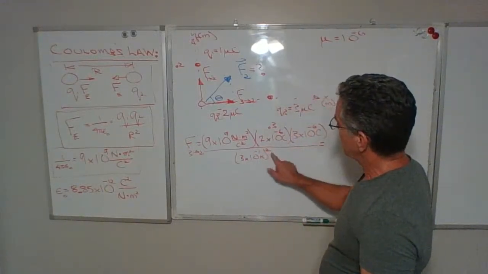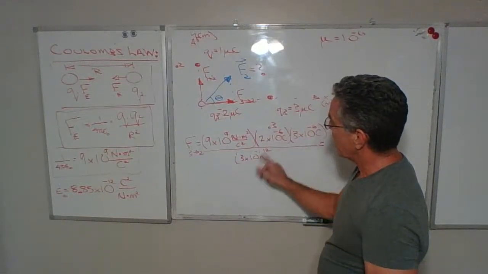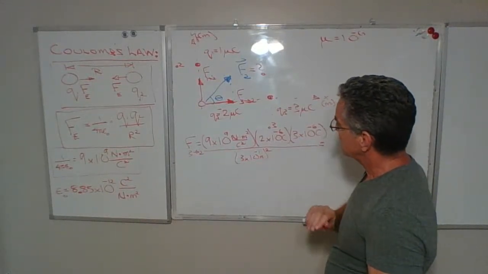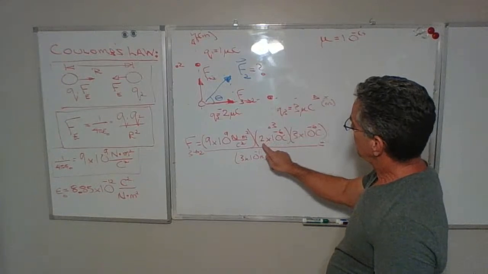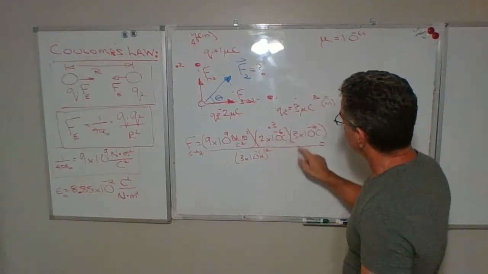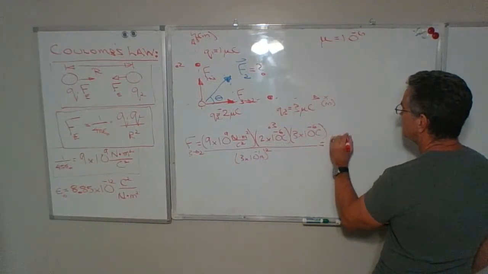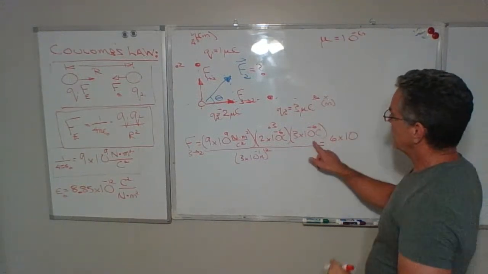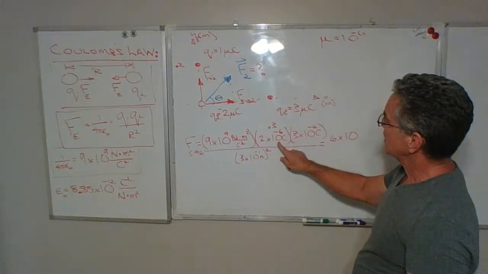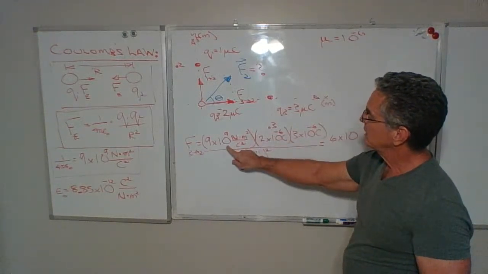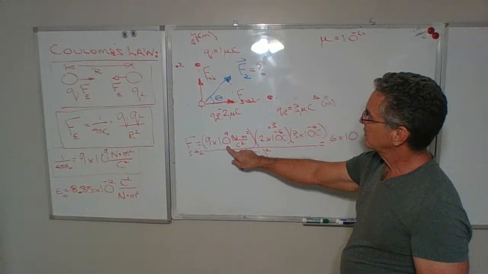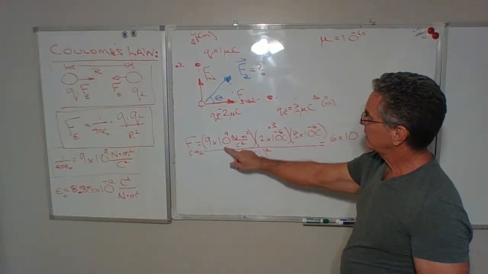Now 3 squared is 9, and then 9 over 9, that cancels. So the front number is 2 times 3. That's going to be a 6 out front. And then 10 to the minus 6 times 10 to the minus 6 is 10 to the minus 12. Times 10 to the positive 9th is 10 to the minus 3rd.